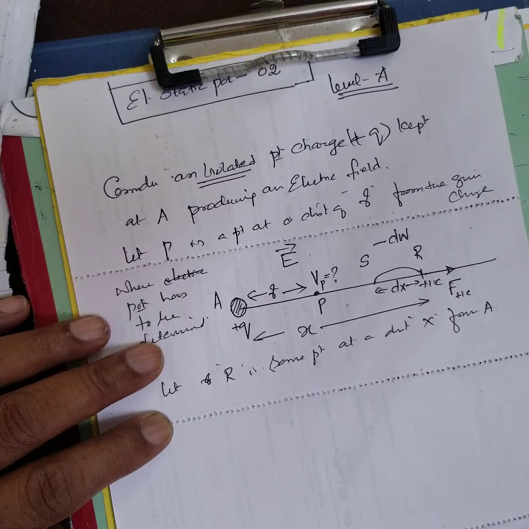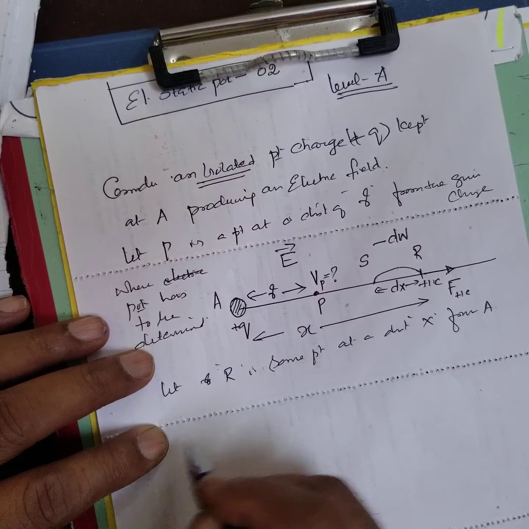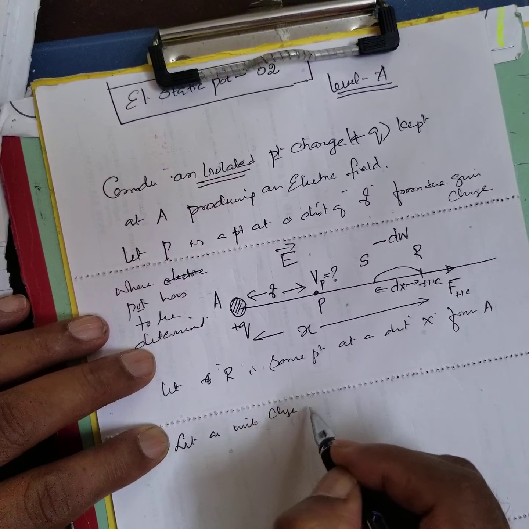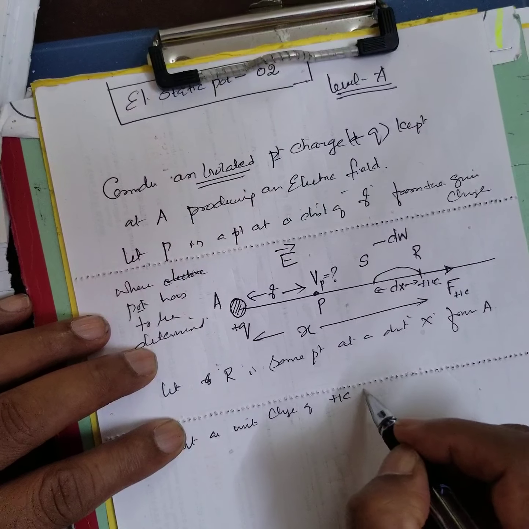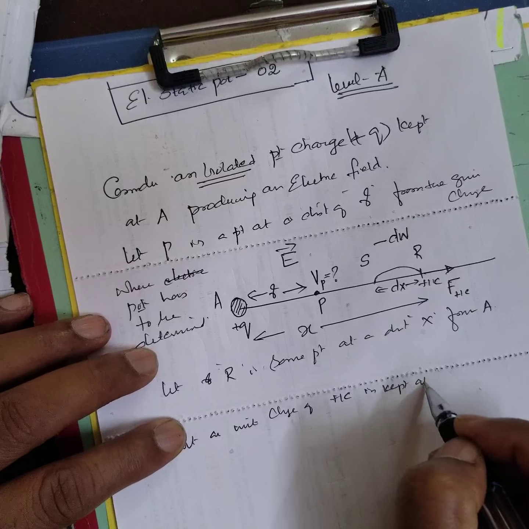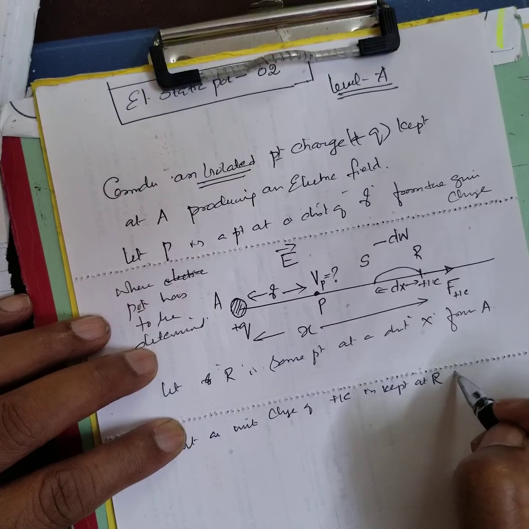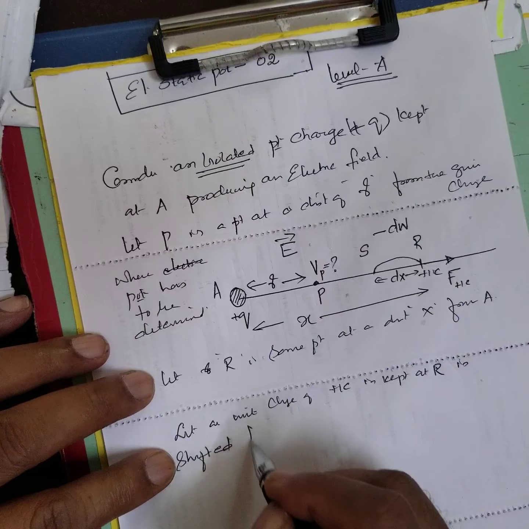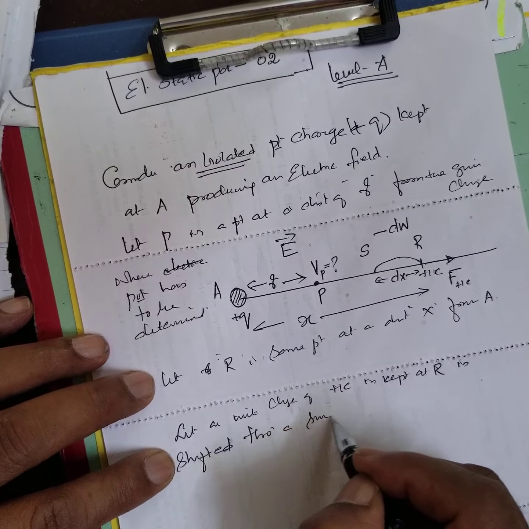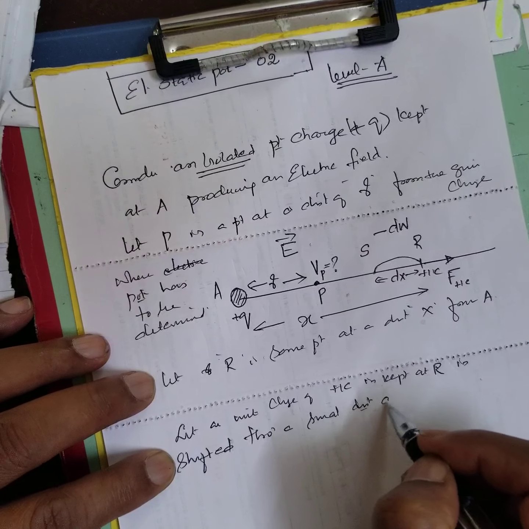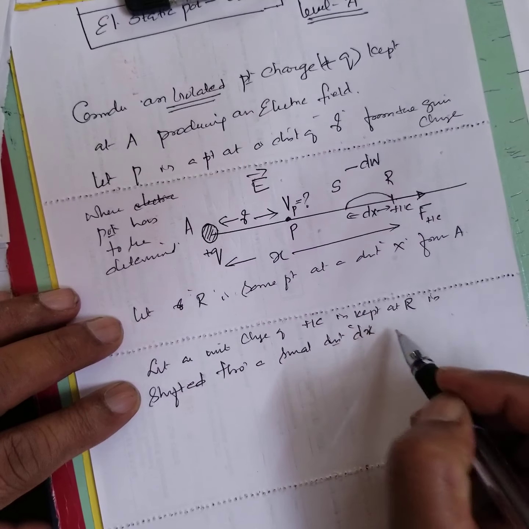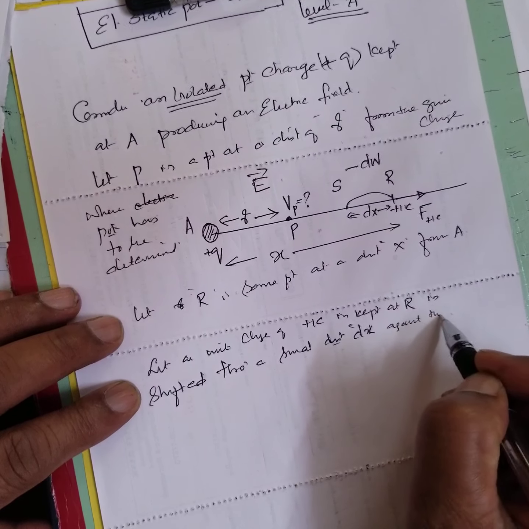Therefore, let a unit charge of plus 1 coulomb kept at R be shifted through a small distance dx against the field direction.